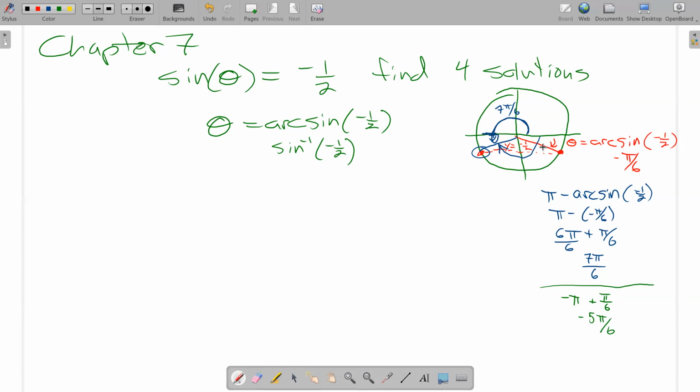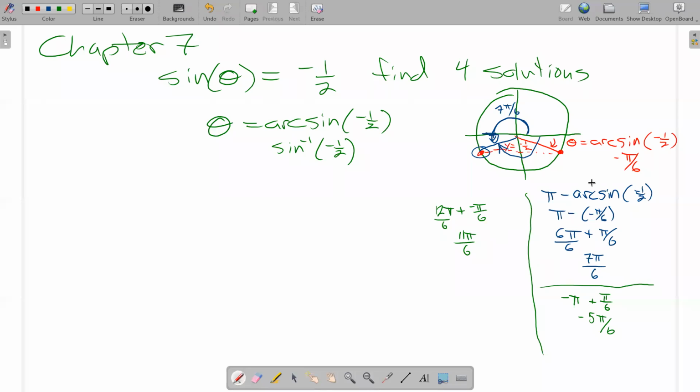I could get to this angle here by going around 2pi to get back to it in either direction. So I have so far 1, 2, 3 different solutions. So I could do 2pi plus my first solution. That would be 12 pi over 6 minus pi over 6. So 11 pi over 6 would be another one.